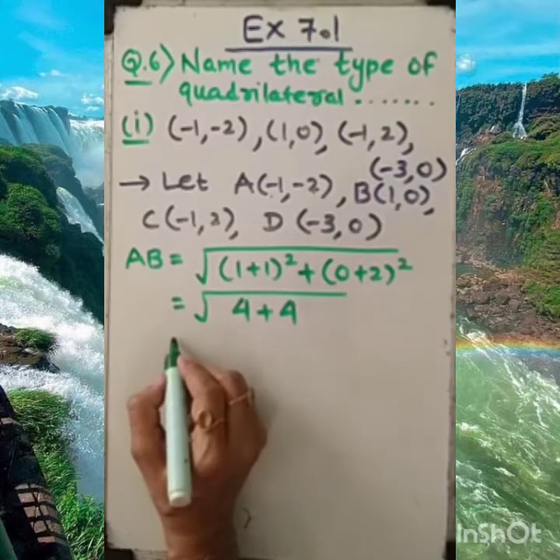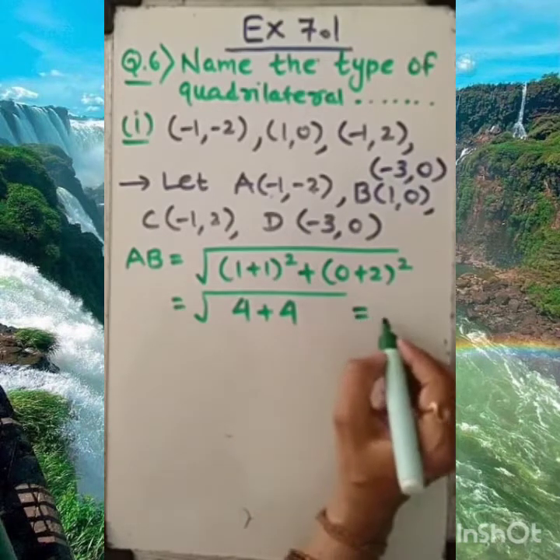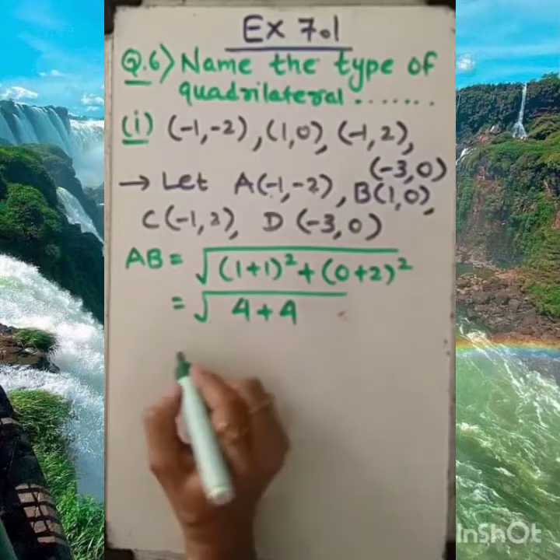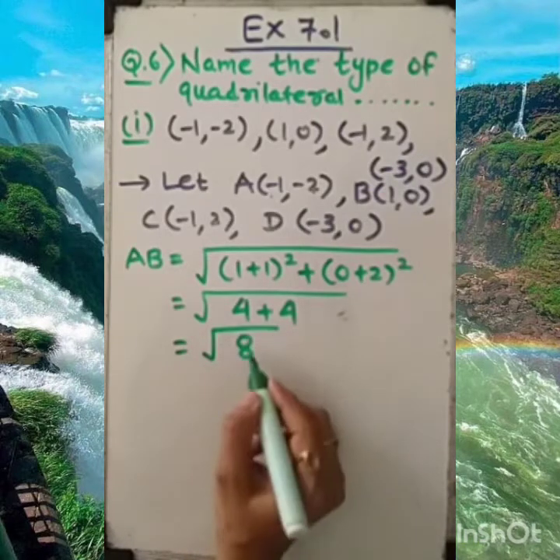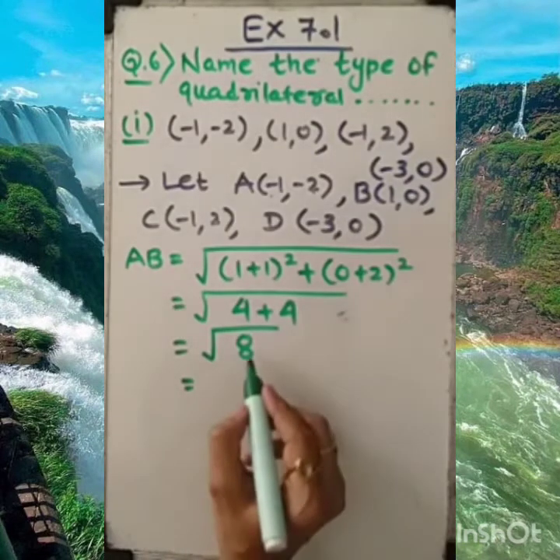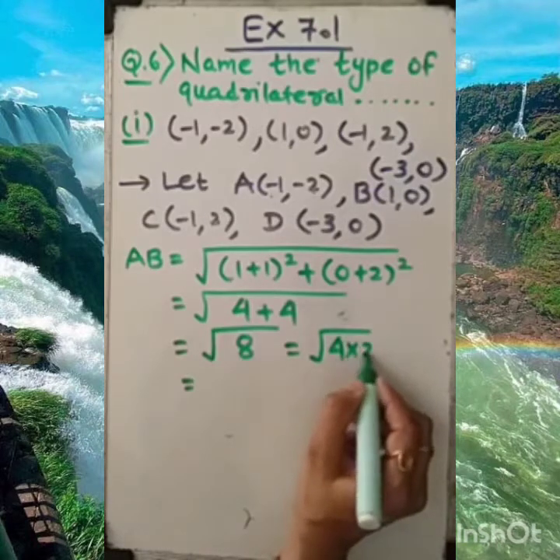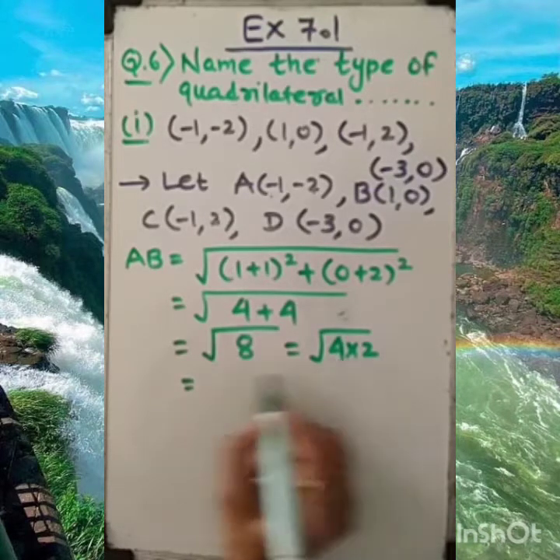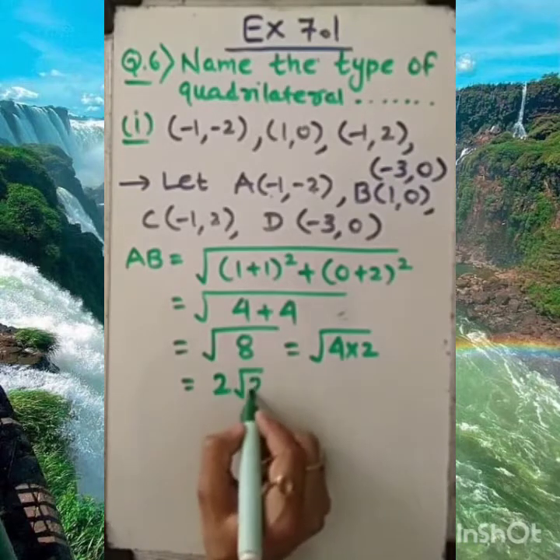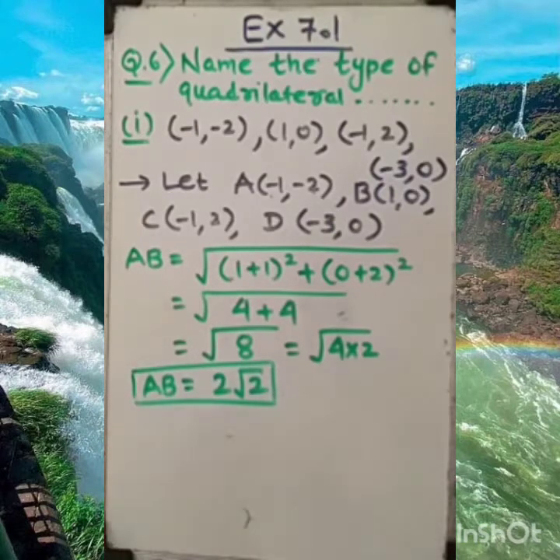So under root 4 plus 4, that is under root 8, and under root 8 we can write as 2 root 2, because 8 is 4 times 2 and the square root of 4 is 2. This is the first side we got: the distance between A and B is 2 root 2.